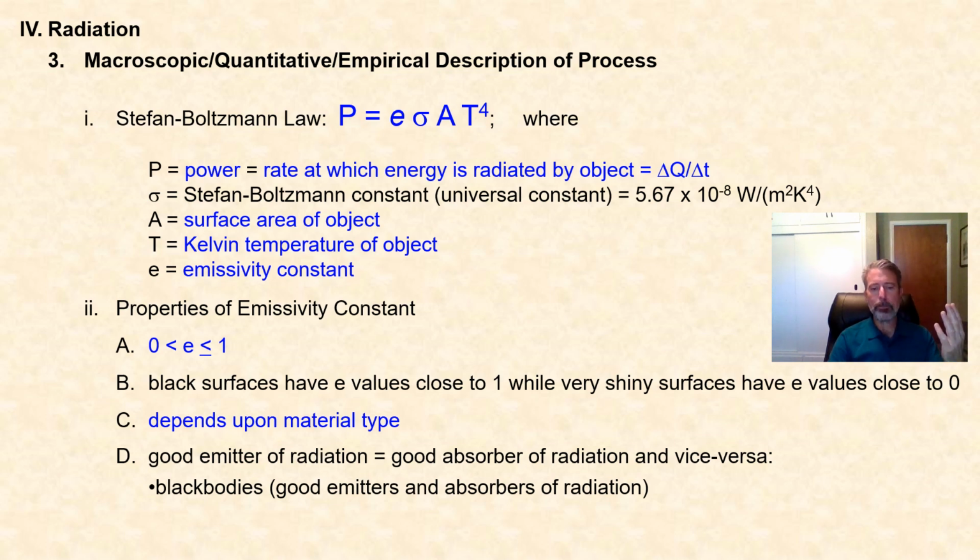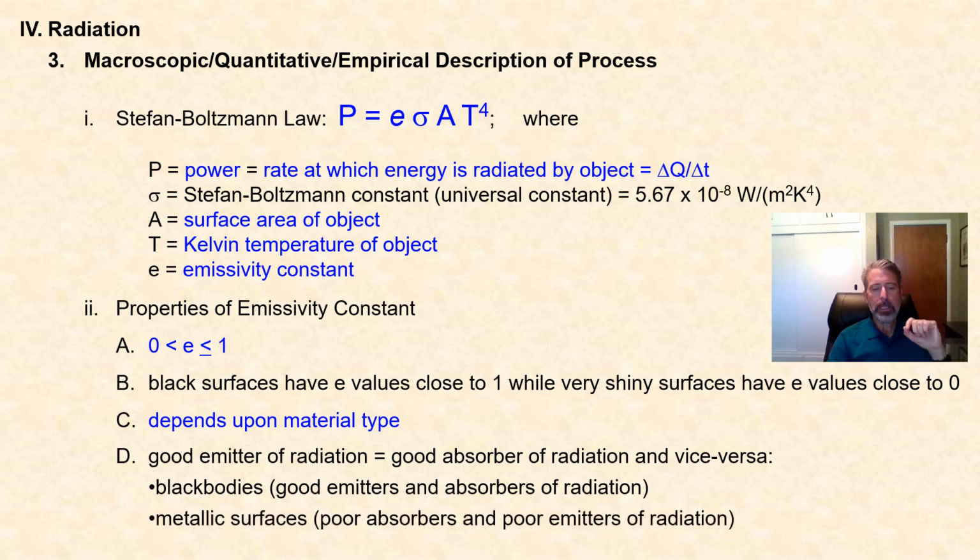So when we talk about a black body, that is a term that we use. It is really an idealized term. It's never actually realized, but a perfect black body would be a perfect emitter and absorber of radiation. It turns out that metallic surfaces, which are very poor absorbers and poor emitters of radiation, as we said, have emissivity values close to 0.